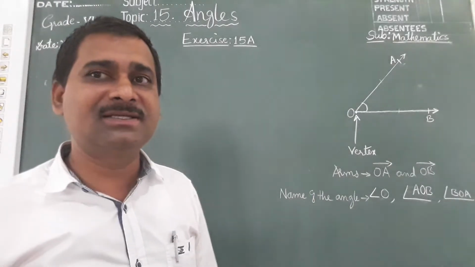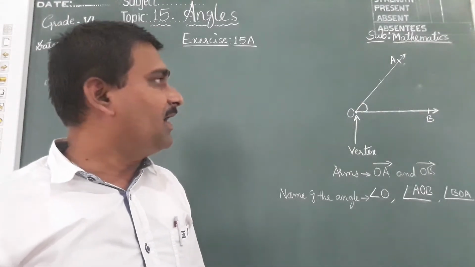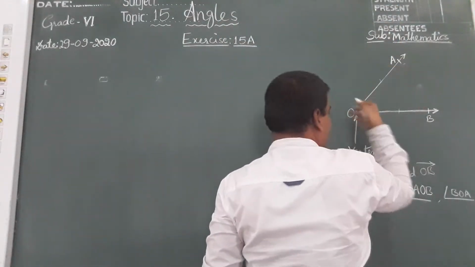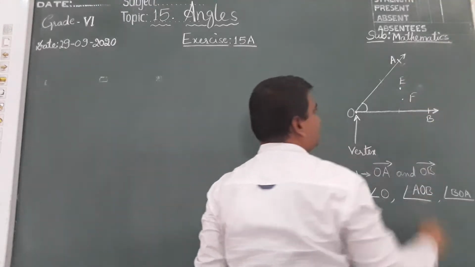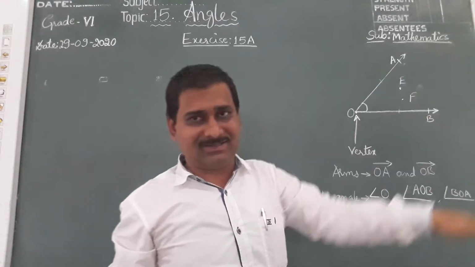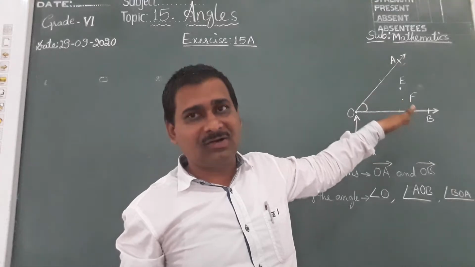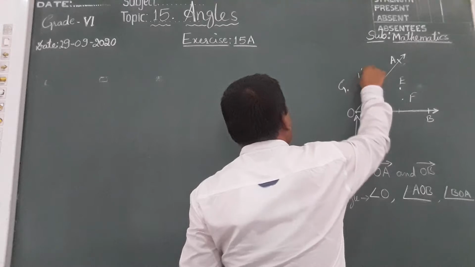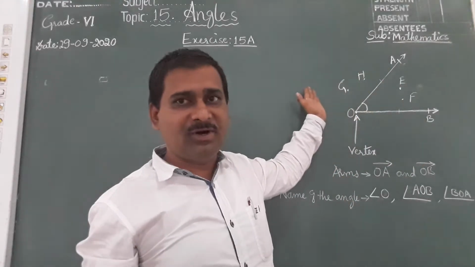Vertex plural is vertices. And one more thing, children: if the points are in the angle, for example E and F, if the points are inside, it means interior. Points E and F are interior points of angle AOB. Points G and H are exterior points.